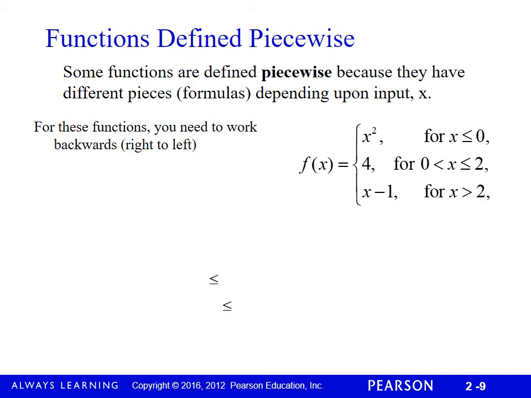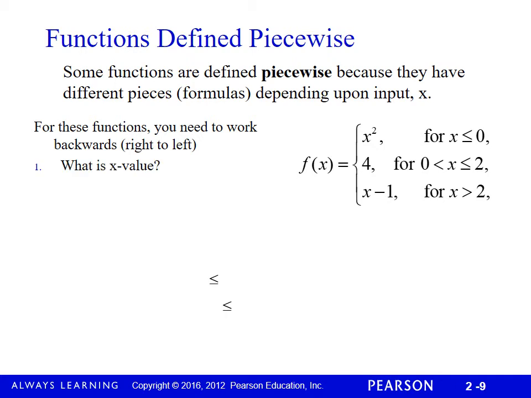Well, 3 is not less than or equal to 0, so I do not use the first formula, x squared. 3 is not between 0 and 2, so I do not use the center constant formula, 4. The last formula says x is greater than 2. Well, 3 is greater than 2, so I use this last formula. So f of 3 equals 3 minus 1, which equals 2.